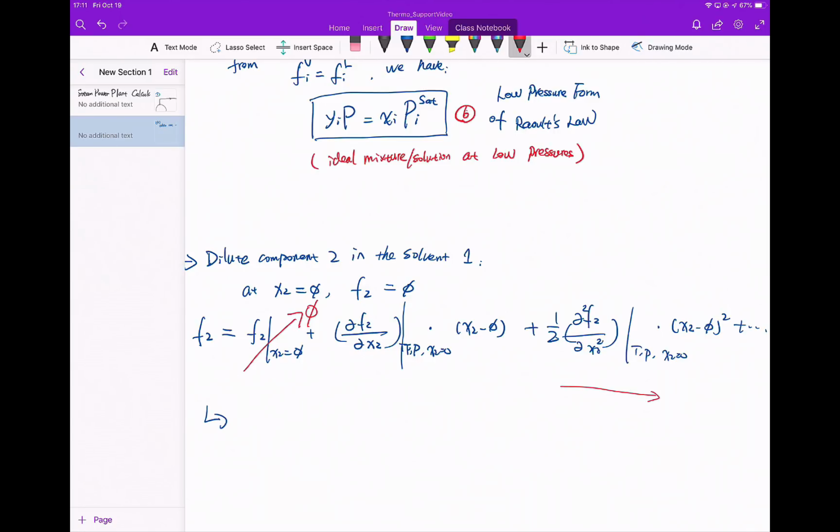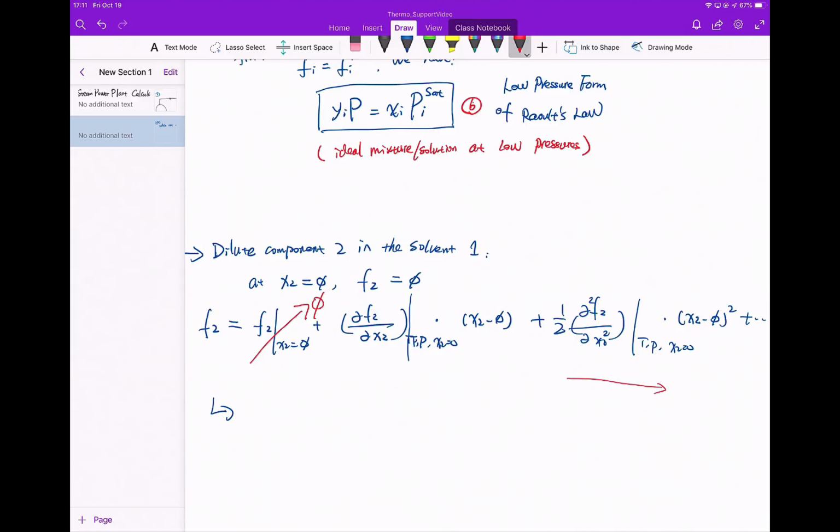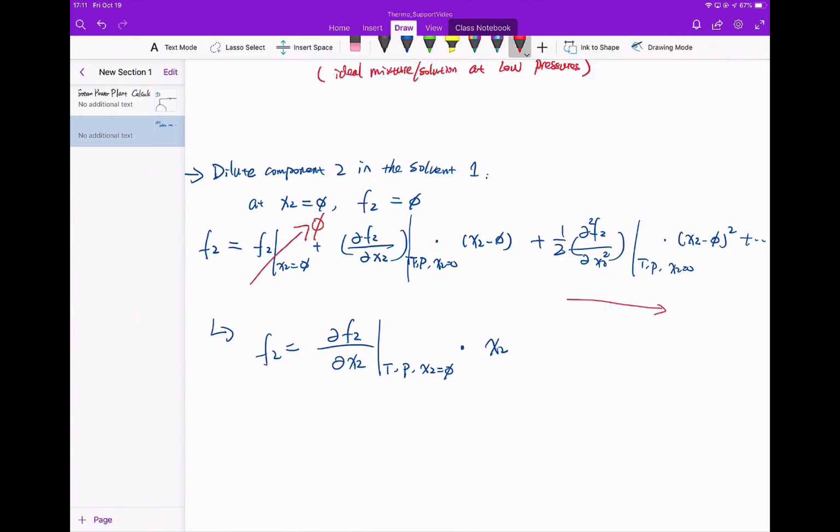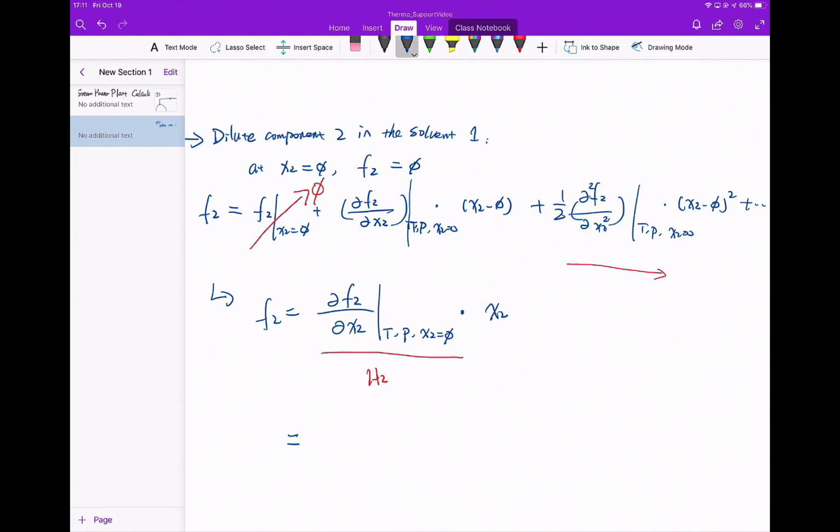We don't tend to include those, so this would further reduce to the partial derivative of fugacity of component 2 with respect to x2 at fixed temperature and pressure, x2 goes 0, times x2. So now if we call this h2, then we would have this as x2 h2.